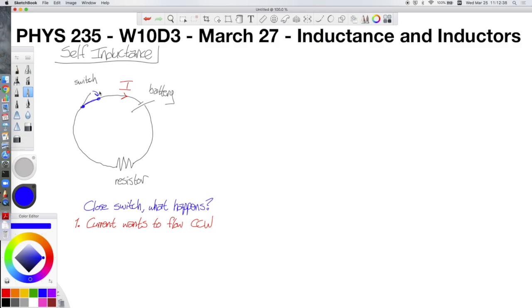But this current is now going to create a magnetic flux. So I'll go to green next. This current will create a magnetic flux through this loop. So if we use our second right-hand rule, we can see that the magnetic field B, and I'm going to call this the external flux, or magnetic field, is going to be into the page on the inside of the loop and out of the page on the outside of the loop.